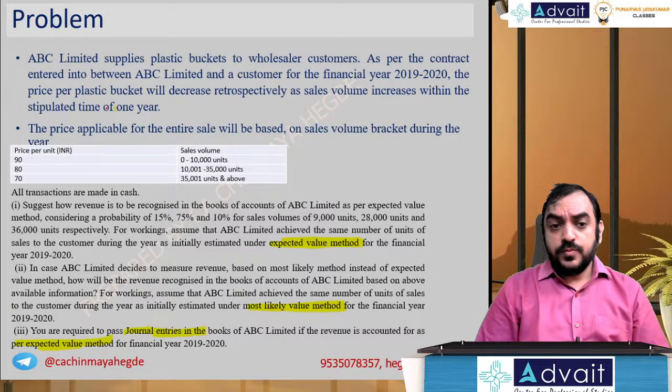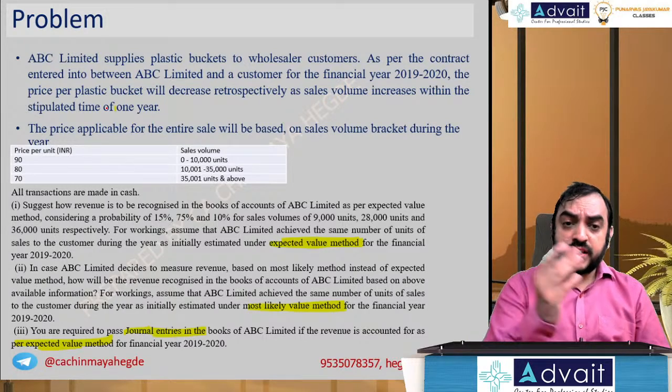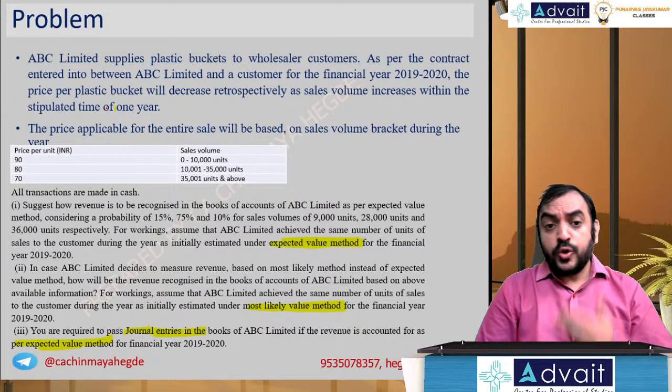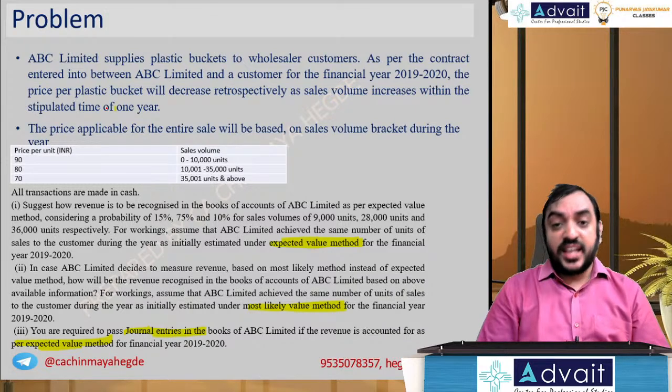So what we should do? What is going to be the expected price per unit? I mean expected sales volume, and depending on the volume, what is going to be your expected sale value, and then we can take an average price.